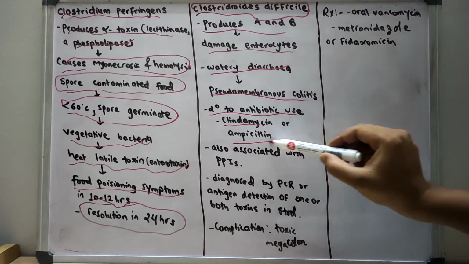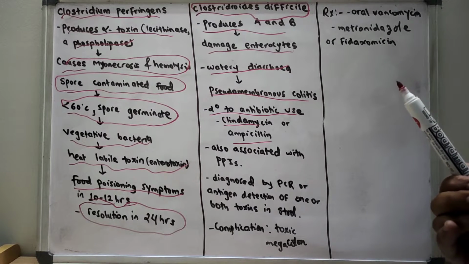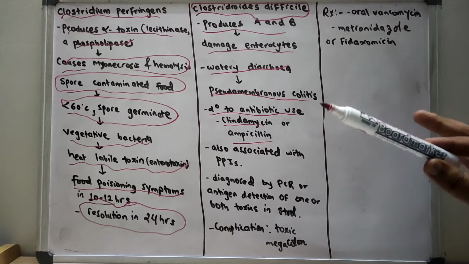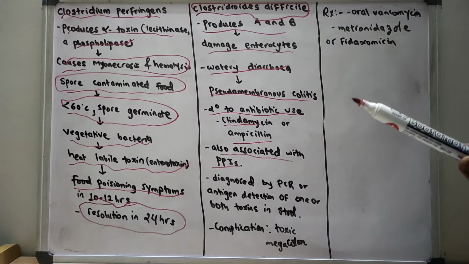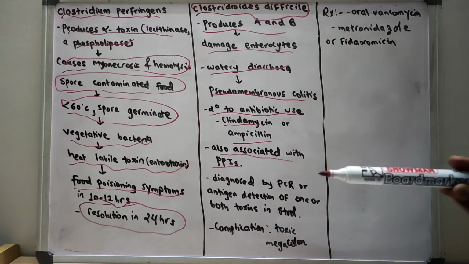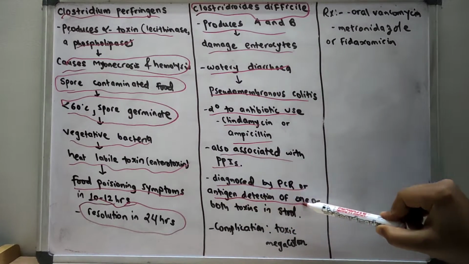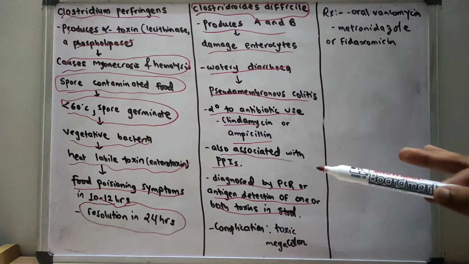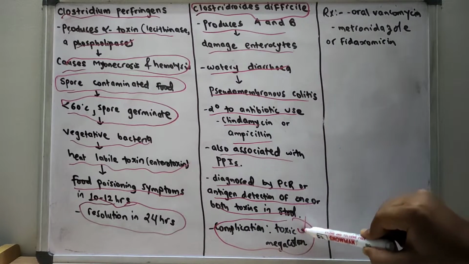Clindamycin and ampicillin are the important antibiotics that cause pseudomembranous colitis, and pseudomembranous colitis is also associated with proton pump inhibitors. The infection with Clostridium difficile is diagnosed by PCR or antigen detection of one or both toxins in the stool, and one of the major complications of pseudomembranous colitis is toxic megacolon.